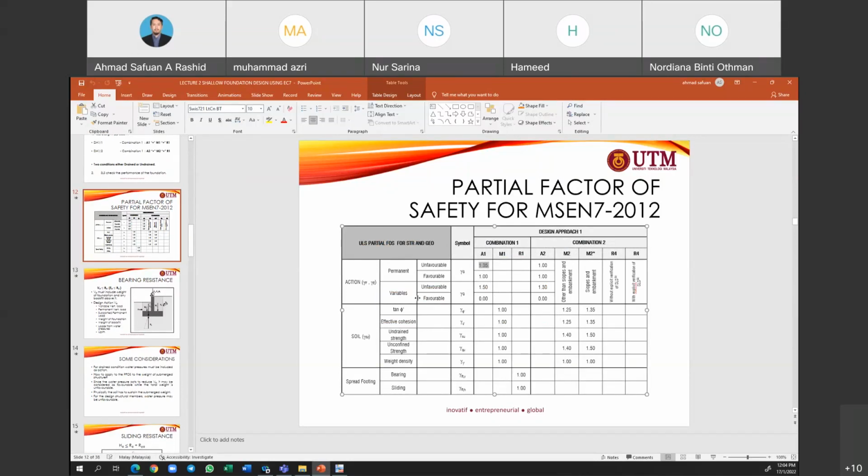Okay, there is no variable or live load, so no need to use 1.5. Okay, so then we are given the cohesive value, so we use M1 for combination number 1. Later on we may look at combination number 2. Okay, so then we only refer to the bearing problems for the shallow spread footing. So we use R1 equal to 1.